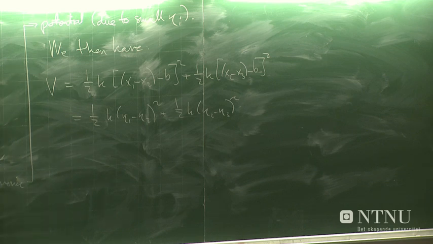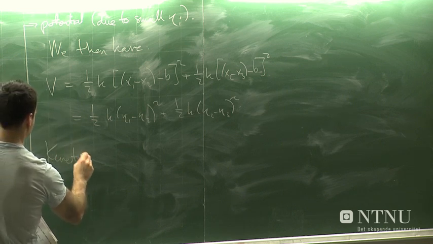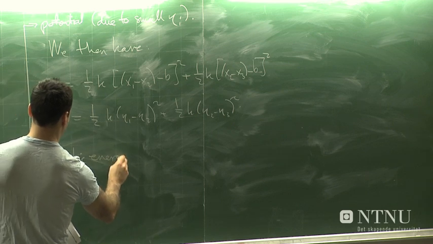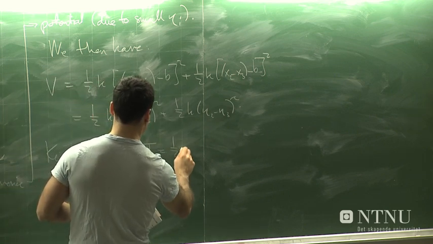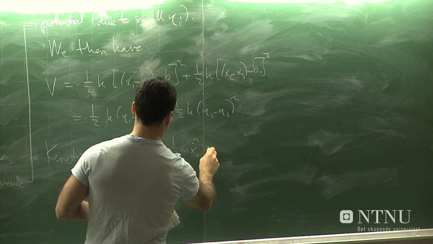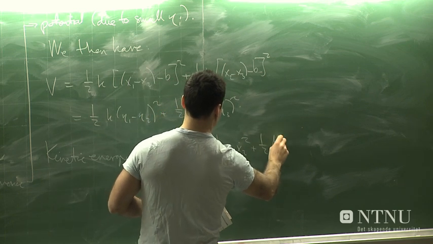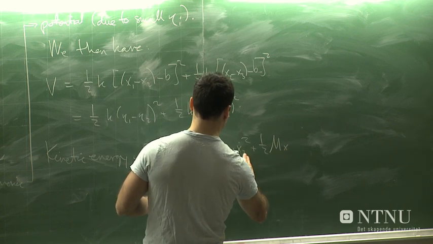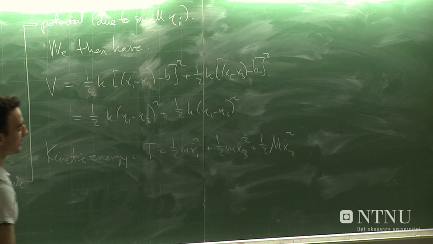And expressed in terms of our etas, the potential energy looks like this. The kinetic energy takes the following standard form.